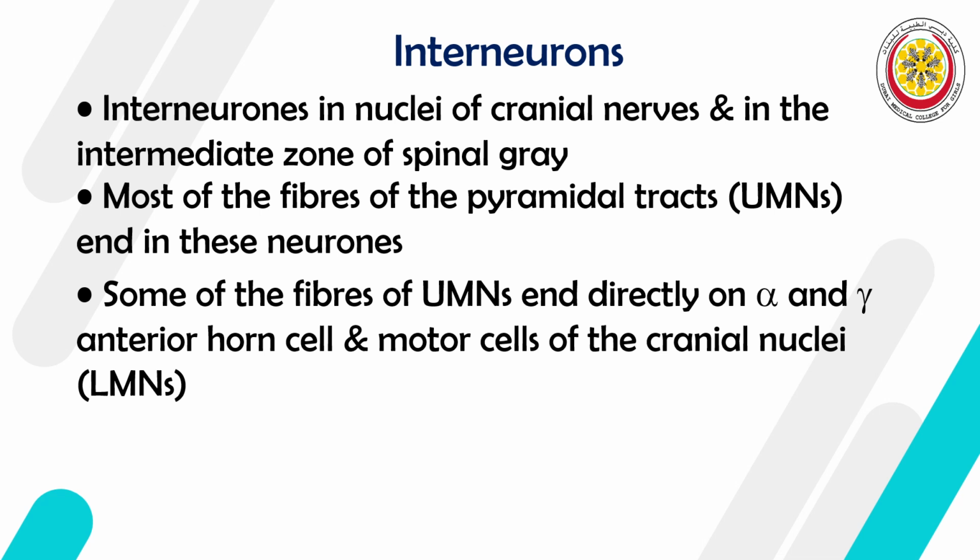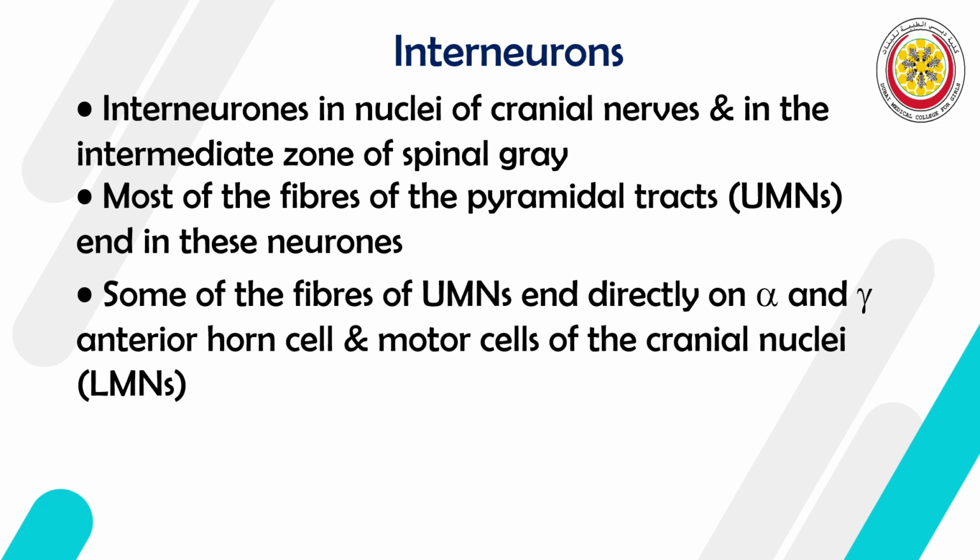I used this prematurely, but no problem. I wanted to write here: most of the fibers of the corticospinal tract, and then they become pyramidal tracts when they cross the pyramid and take shape in the lower part of the pyramid.